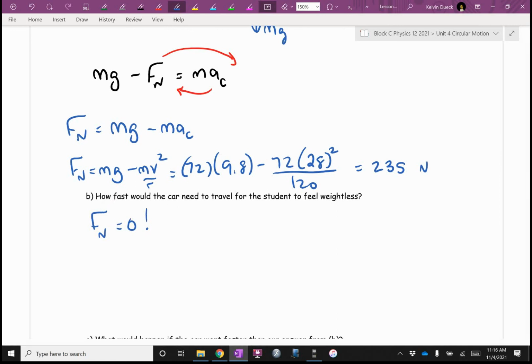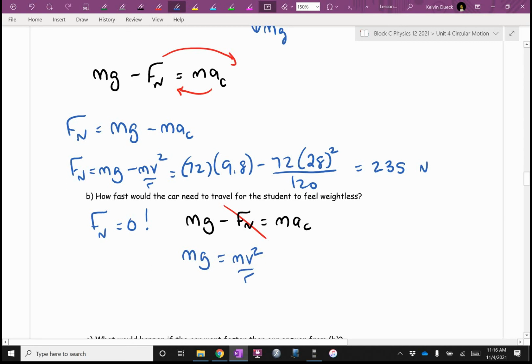In fact, it would be the same equation: mg minus Fn equals mac. But to feel weightless, no normal force. So it would become mg equals mv squared over r.